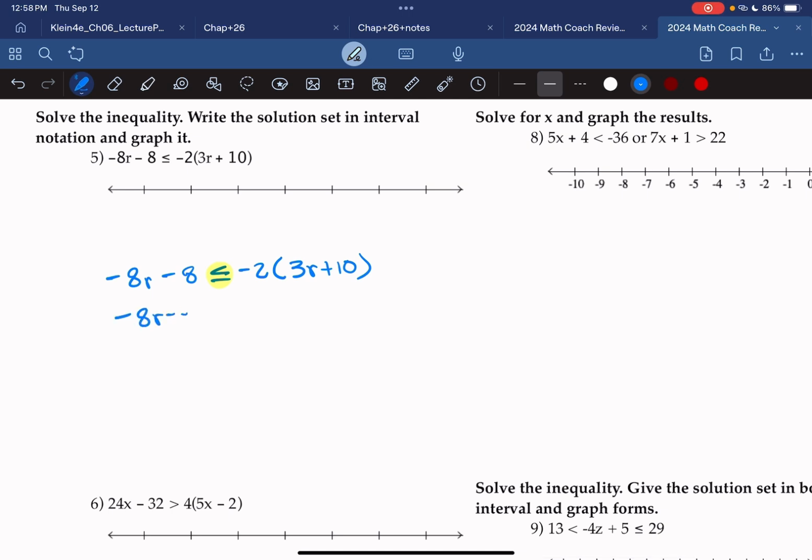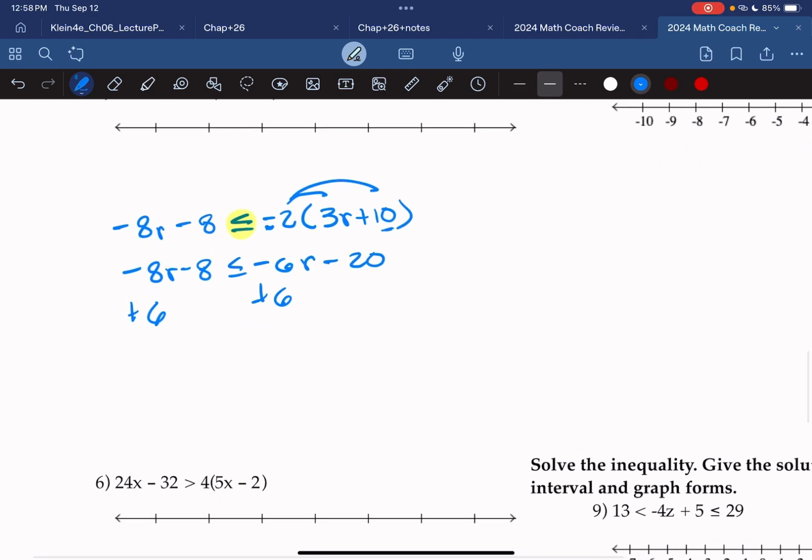And now we distribute. So negative 6r minus 20. Remember the negative sign. Negative times positive is a negative. So now let's do plus 6r, plus 6r. You could have done either side, I don't know, but let's just do it so that we have the variable on the left already.